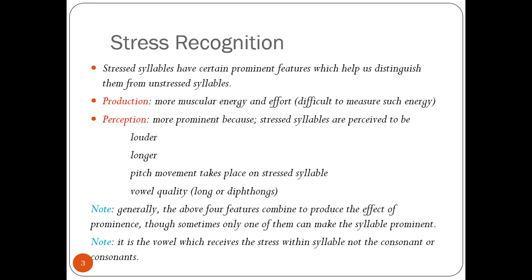It's the vowel, the nucleus, which receives the stress. It means that stress falls on the nucleus, the center of the syllable. We do not stress consonants. Why? Because vowels are more sonorous. We have a sonority level of the consonants and vowels comparatively.